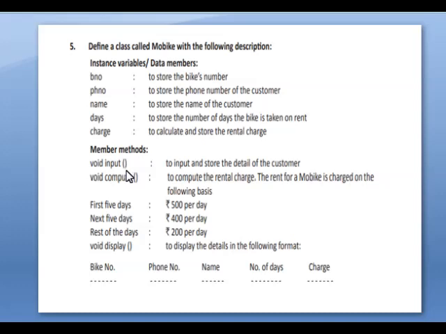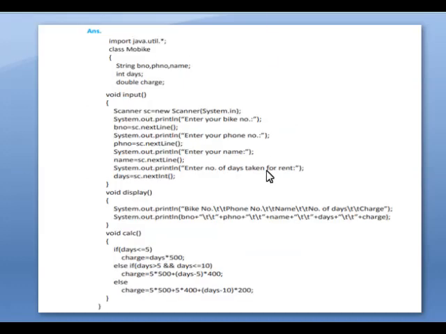Then void compute() means we are going to compute it by using these formulas. And void display() means whatever we input, and whatever calculations we have written, everything we are going to print. So this is the programming segment for that question.